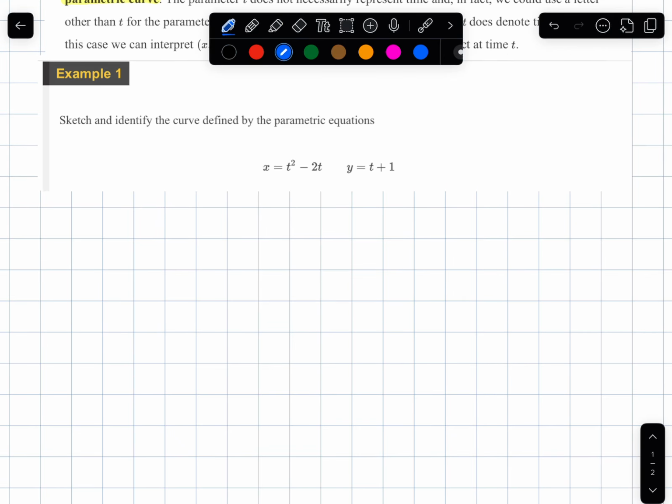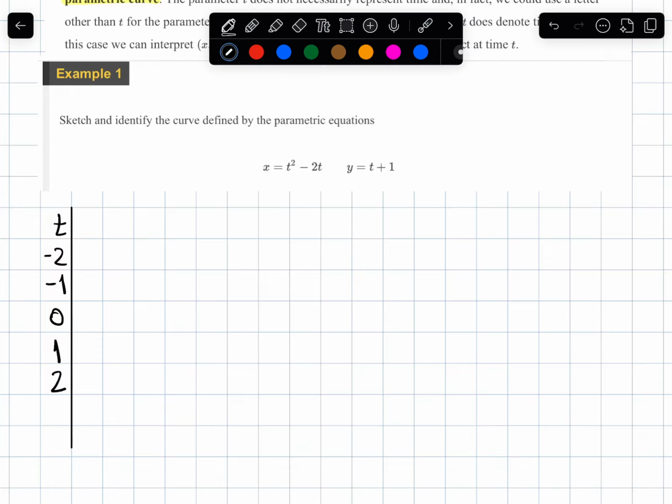So as an example, let's trace out this curve that's given by these equations: x equals t squared minus 2t, y equals t plus 1. The most basic way to do that is to have a table of values. Let's say I start my table with t values: -2, -1, 0, 1, 2, maybe.